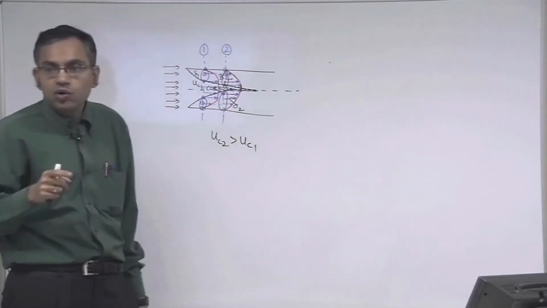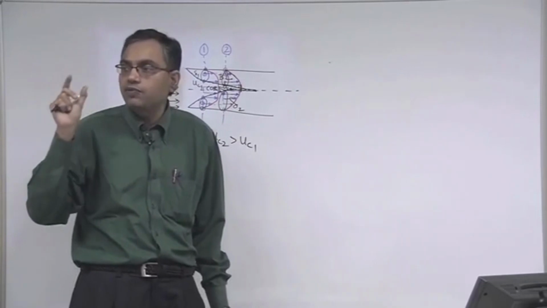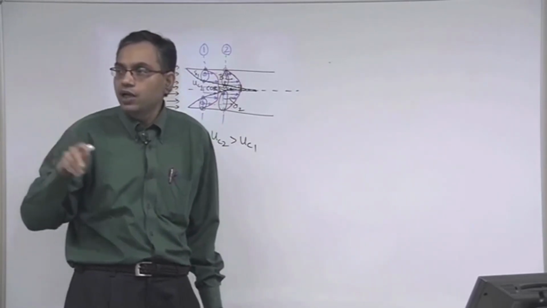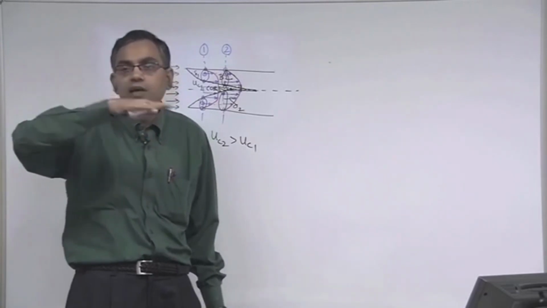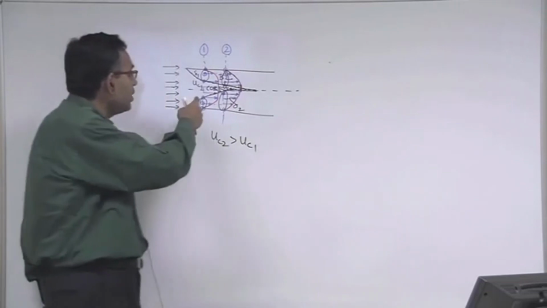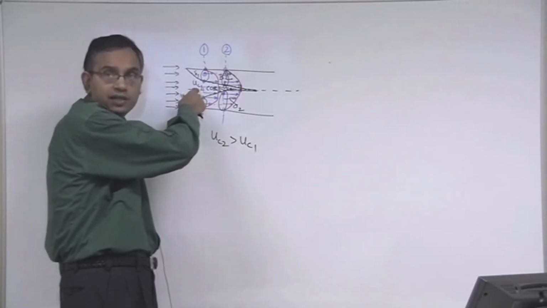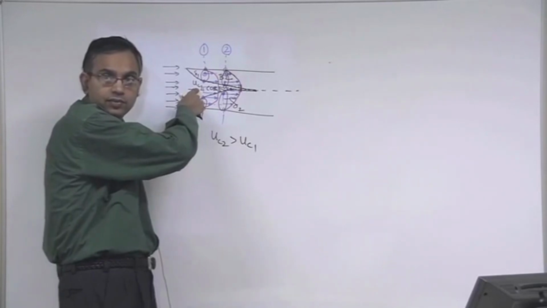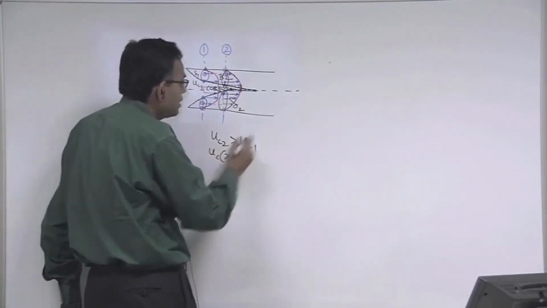This is one of the most fundamental differences between an internal flow and an external flow. If you have flow over a single flat plate, then the free stream u infinity is a constant. Here the so-called u infinity is replaced by uc, and uc is a function of x, if x is the axial coordinate.